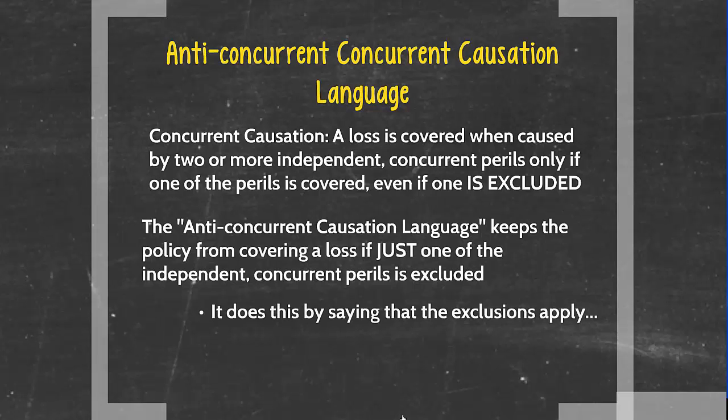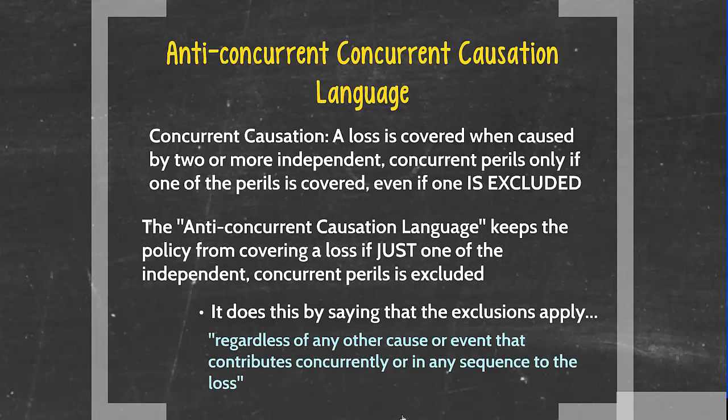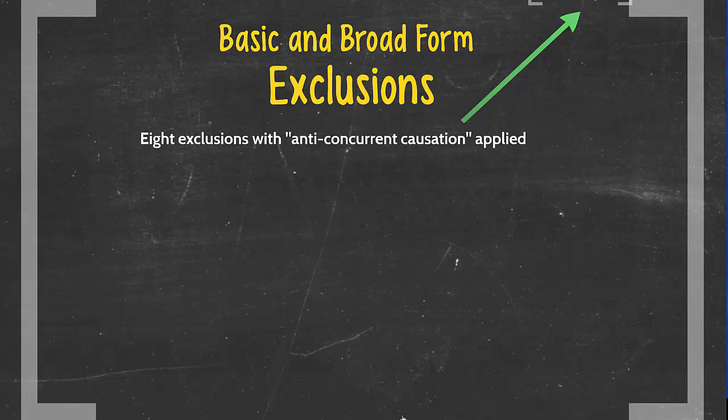It does this by saying that the exclusions apply regardless of any other cause or event that contributes concurrently or in any sequence to the loss. So let's look at the 8 exclusions that have the anti-concurrent causation language applied.